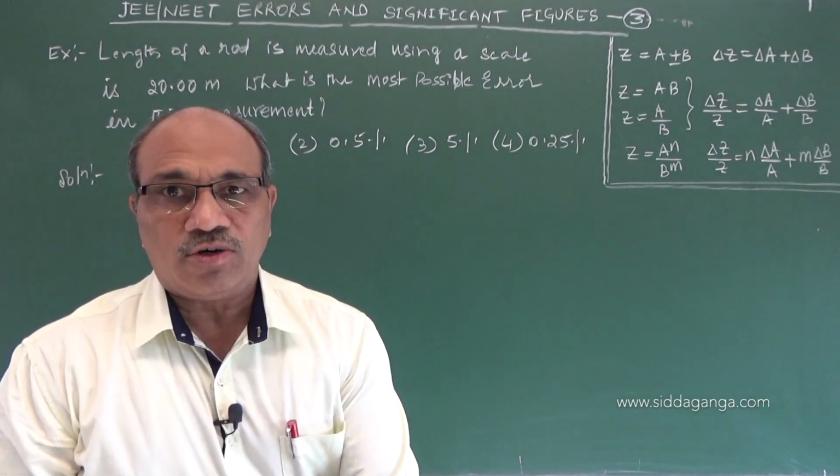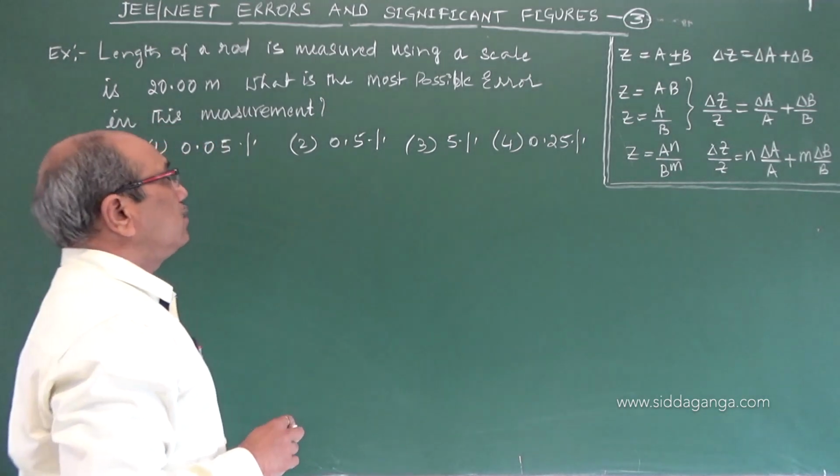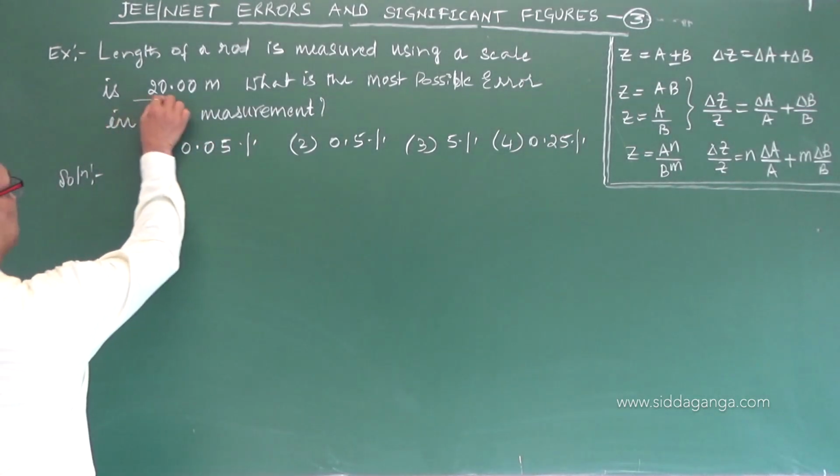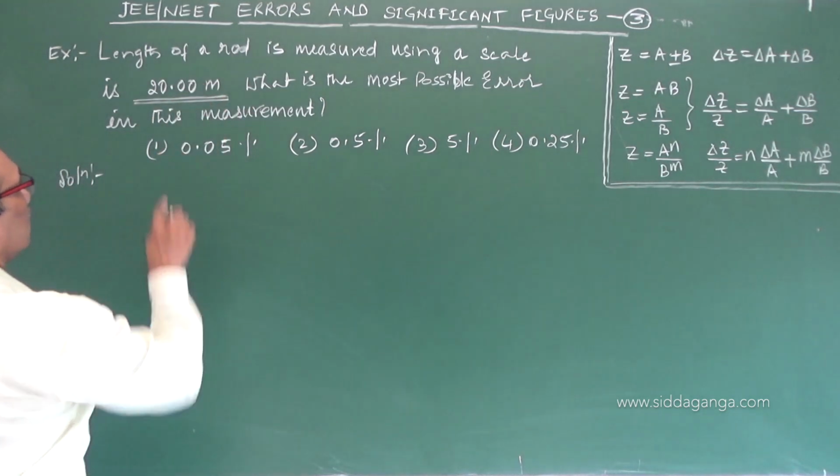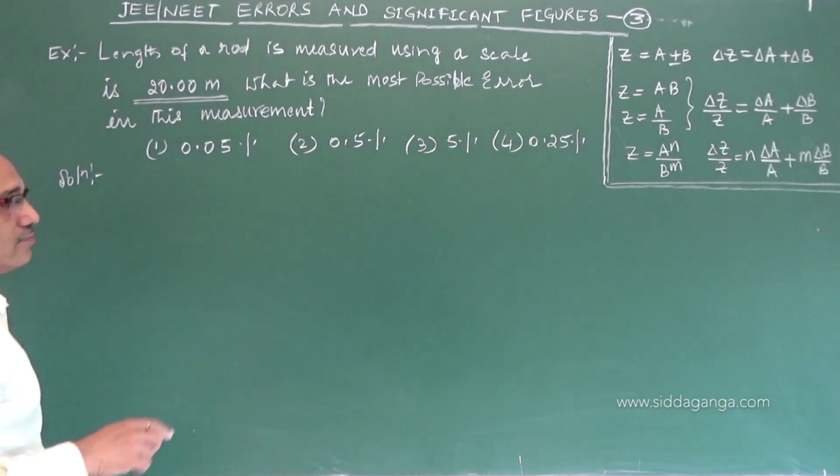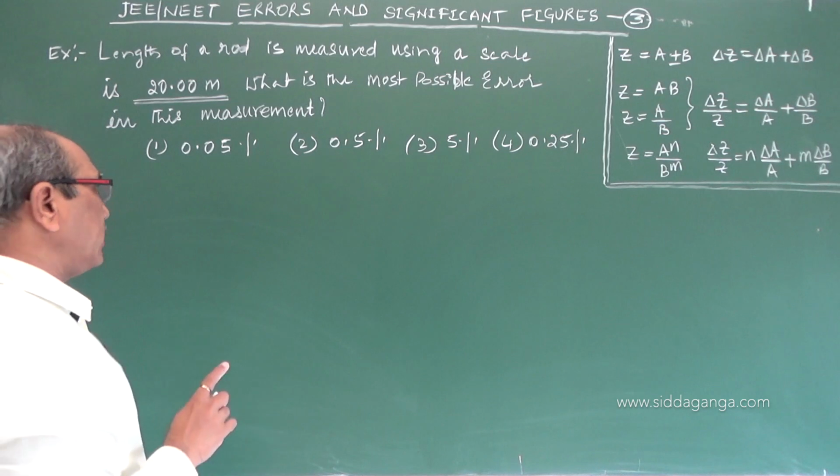So out of these options, which one is right? Here the given measurement is 20 meter, up to 2 digits.